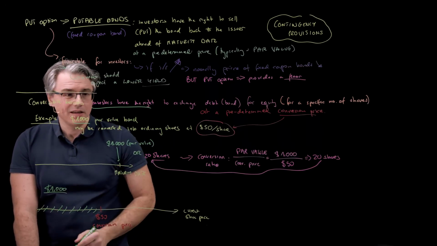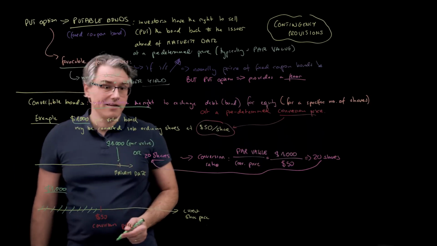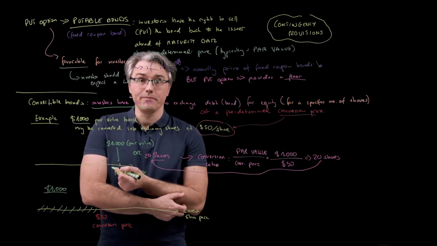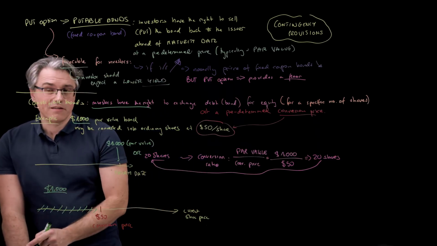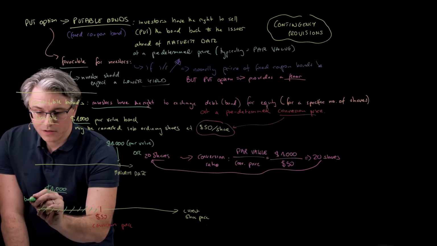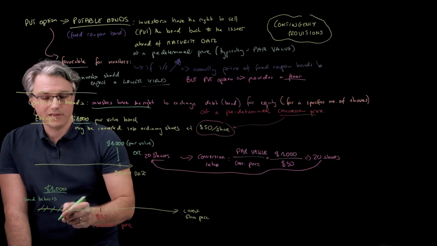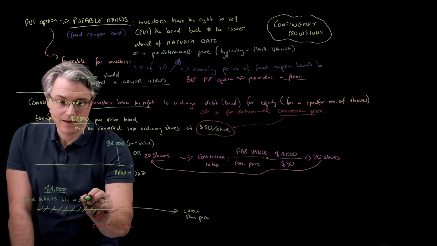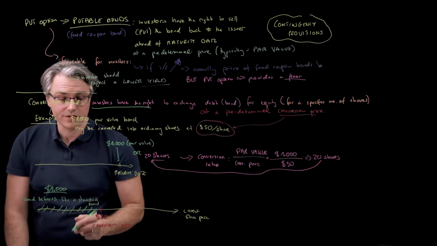So, you know, it would be better to receive $1,000 than 20 shares, which are in the market worth less than $50. So you could say that over here in this territory, the bond behaves in terms of its price like a standard bond, a non-convertible bond without any built-in features.